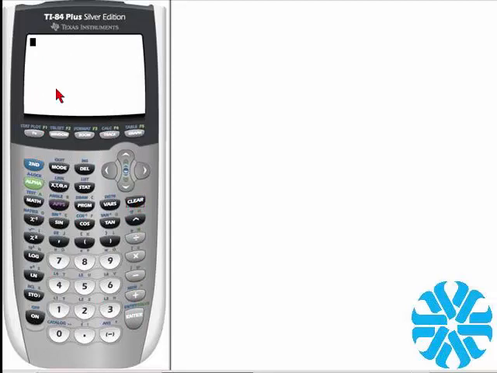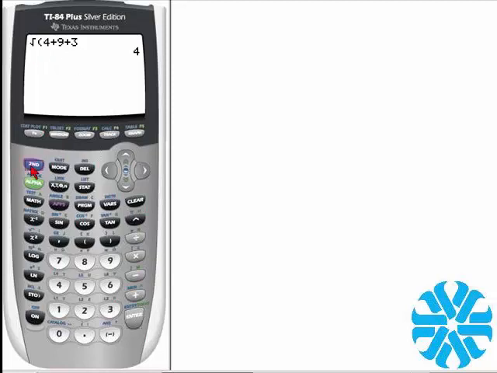Now just to prove that fact, let's do the same computation with a little bit of a twist. So let's again calculate the square root of 4 plus 9 plus 3, and we'll hit enter, and we know that's going to be 4. Let's say we want to take this particular computation and add that to 1.